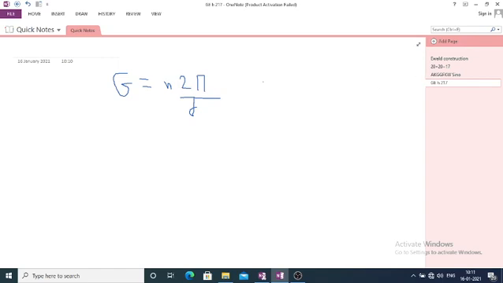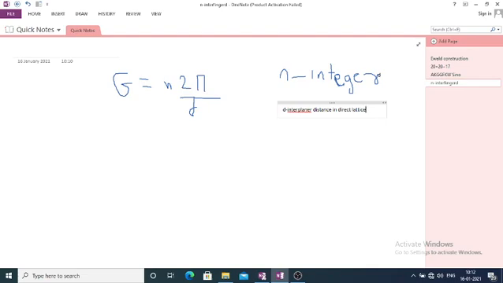Now here n is an integer. And d is the interplanar distance in a direct lattice.